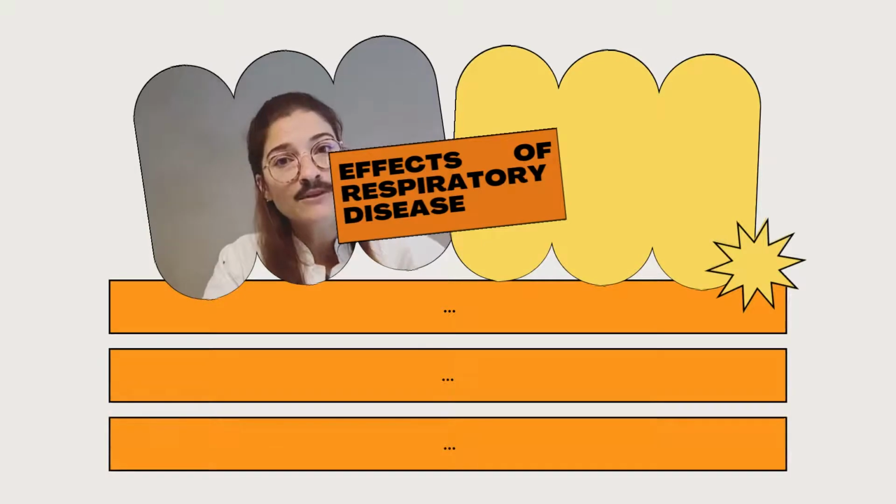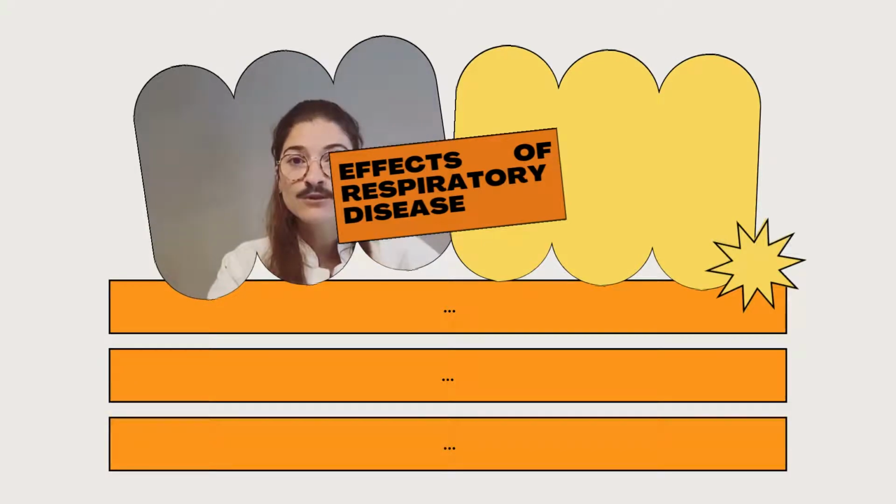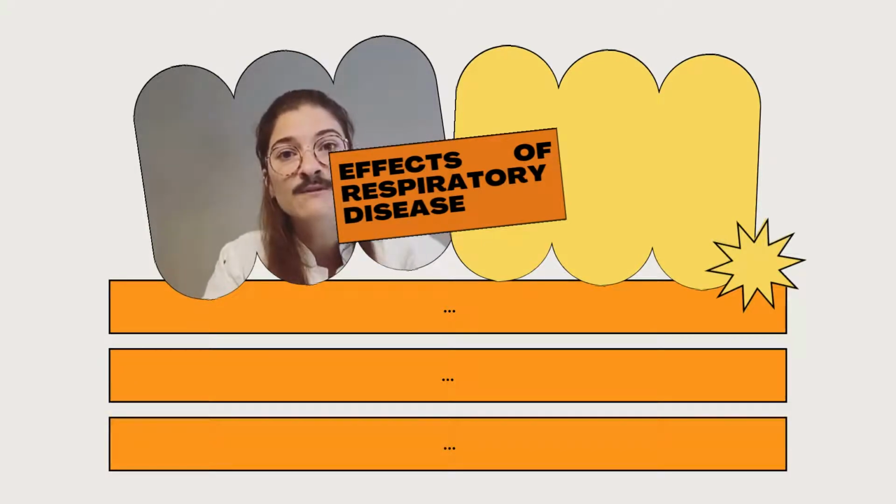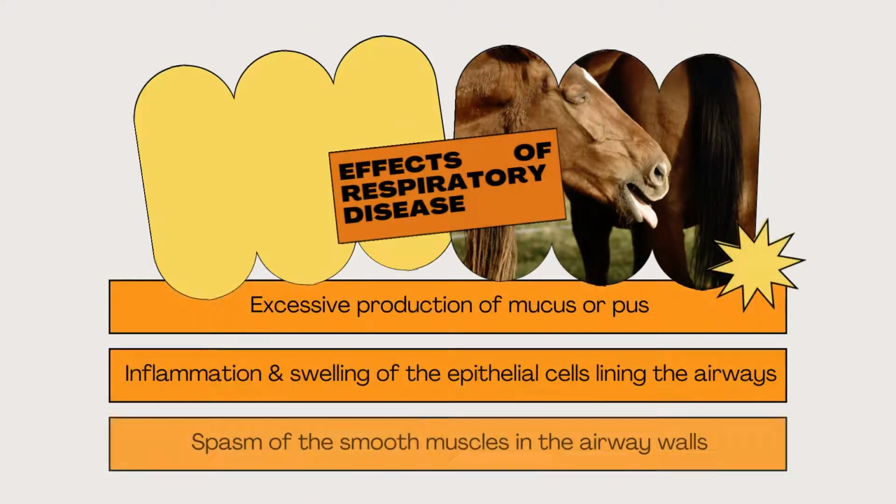After this quick reminder, now we are going to explain the consequences if the respiratory system malfunctions. When a horse succumbs to infectious or allergic respiratory disease, the quiet, relaxed pattern of breathing is disturbed. This is because the diameter of the airways is reduced by different factors, which are excessive production of mucus or pus, inflammation and swelling of the epithelial cells lining the airways, and spasm of the smooth muscles in the airway walls.